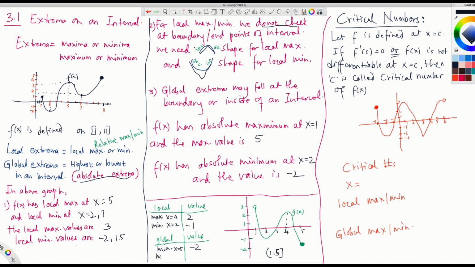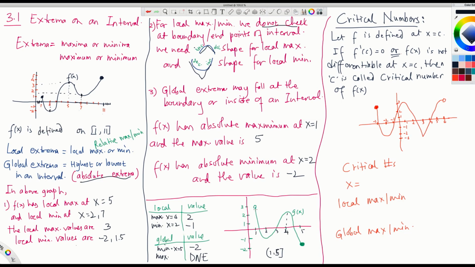So the global max does not exist, because at the left endpoint, the function is not defined. You see that? So we don't know what the global max is, because you cannot say this is the global max, because this is just a local max, but there are some heights taller than that too, right? Because there are many of them.